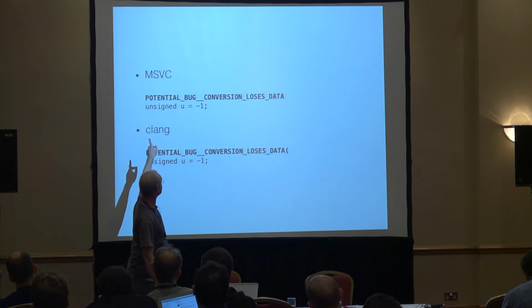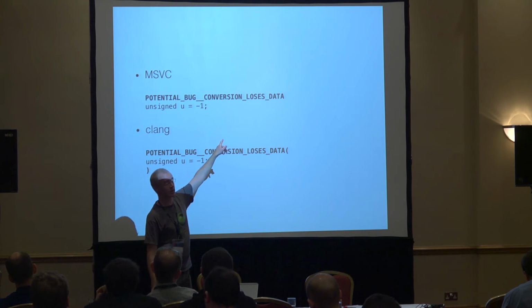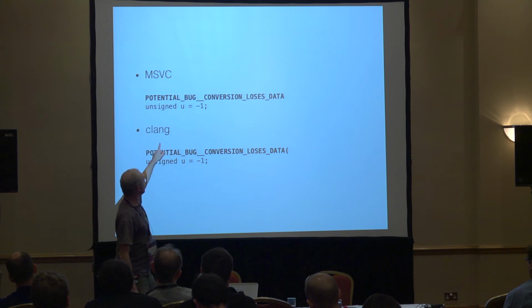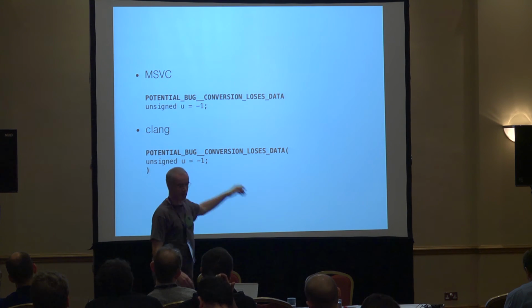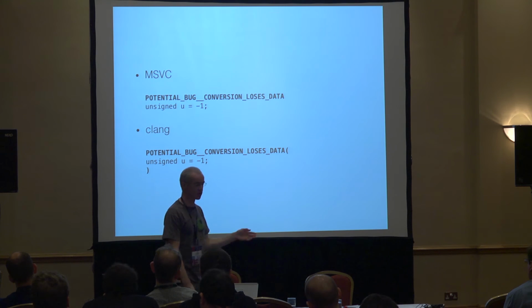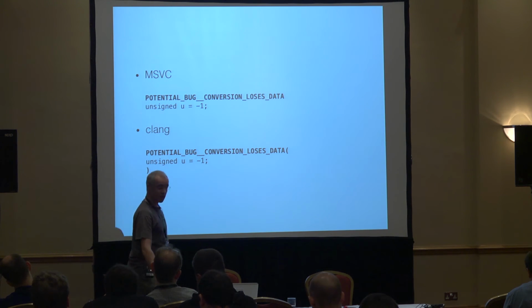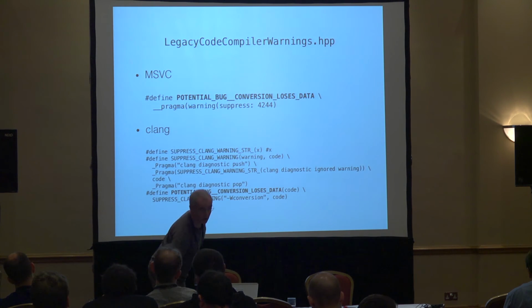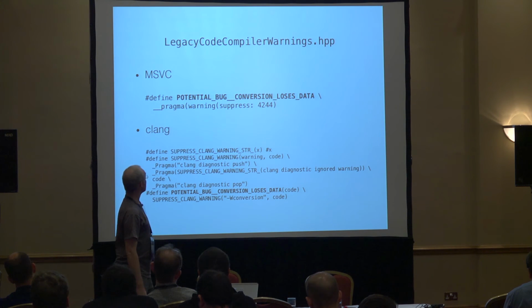This is a huge hint to you: you're doing something stupid if you're typing this out. And it also lets us, when we're reading the code, see what the problem was. Okay, and you notice that in Clang it's slightly different, and that is because we've got these macros. MSVC, it's nice and simple. In Clang, it's a bit of a horror.